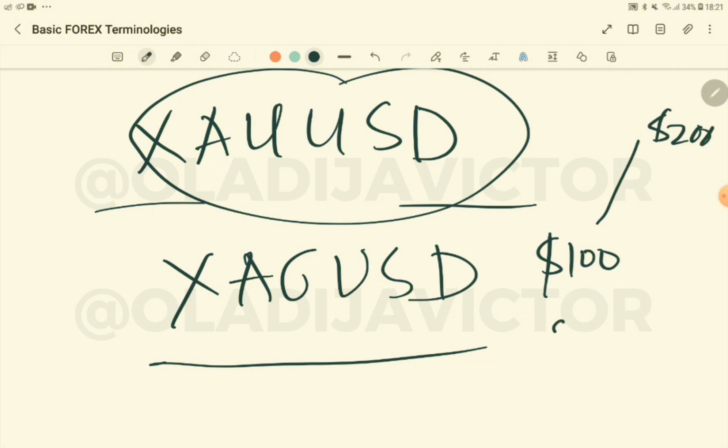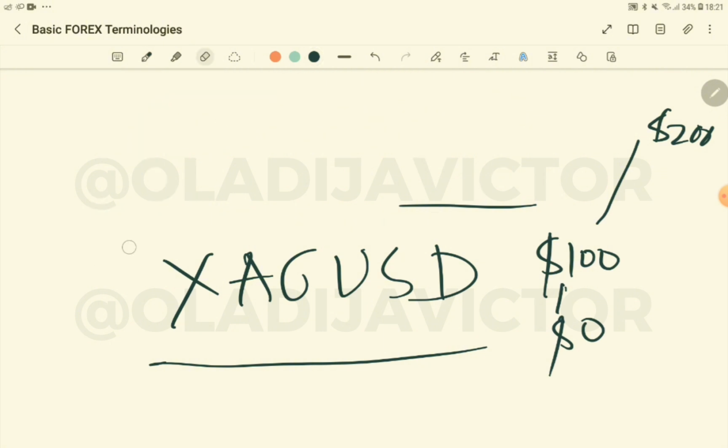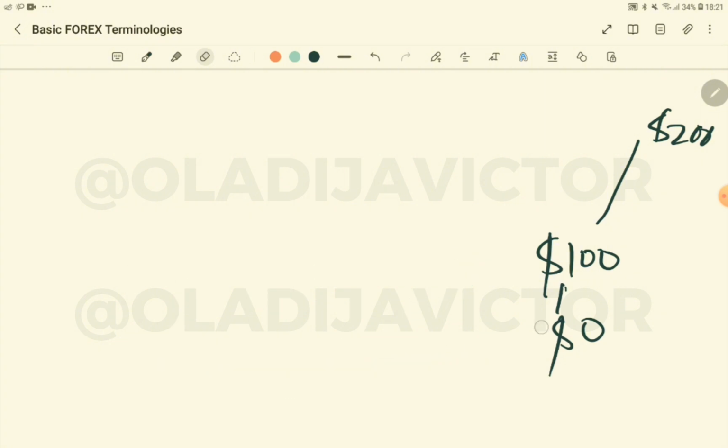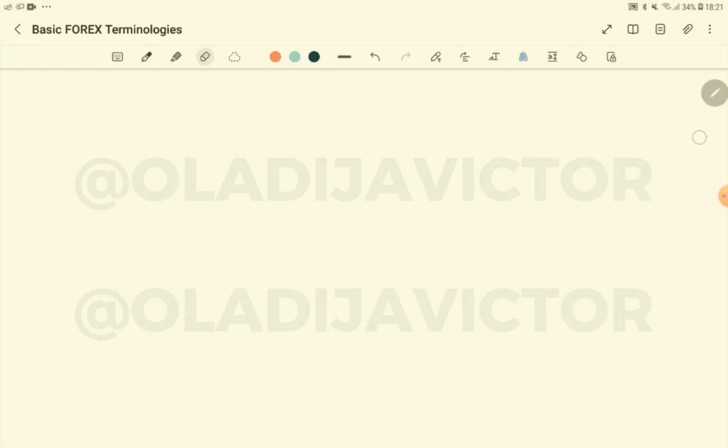But it can also turn $100 to $0 in the same day. It is very volatile. It is very fast. So you have to know what you are doing when you are trading volatile things. Same thing with NASDAQ. Same thing with US 30. All of these things are very volatile pairs. You have to realize they are volatile and trade them with care.